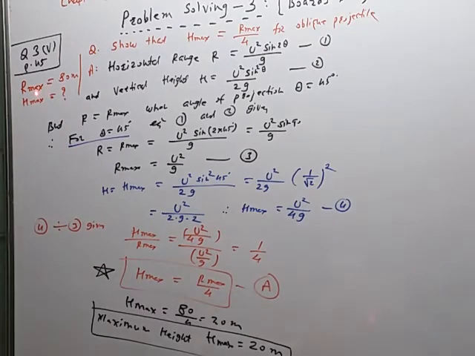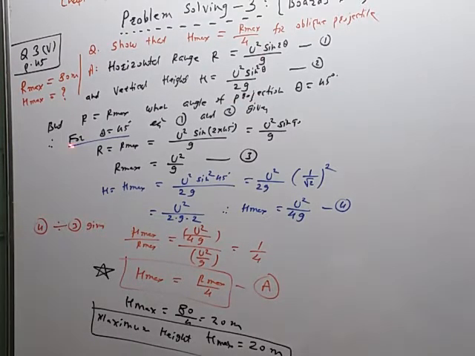So in this problem we are given r max is equal to 80 meter and we have to find h max, the maximum height reached by the projectile. So we know the relation for horizontal range and vertical height. These are the equations that we have proved. So we know this property: when theta is equal to 45 degree, the angle of projection is equal to 45 degree, then r is equal to r max. So we have to use this r max, therefore put theta is equal to 45 degree in both the equations.